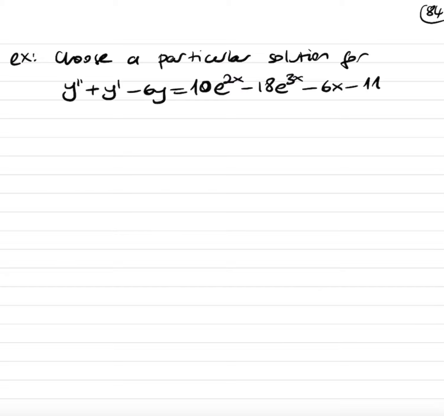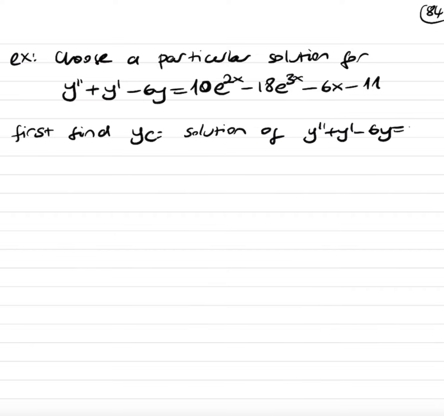Okay, again, first find the complementary solution, y complementary. It is the solution of y double prime plus y prime minus 6y is equal to 0. What is the characteristic equation? In this case, it is lambda square plus lambda minus 6 is equal to 0.